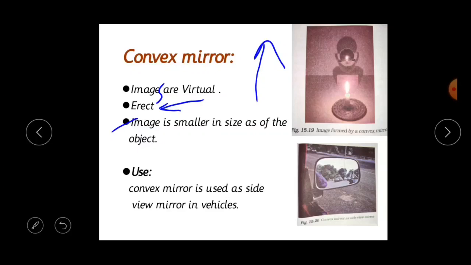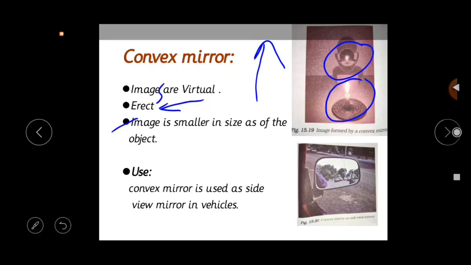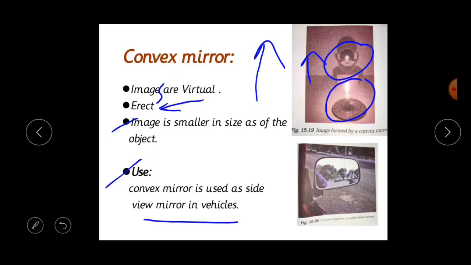Here you can see in this picture, this is the object, and the image formed in the mirror is smaller. Yes, it is smaller in size and it is erect. And it is virtual, means it is not forming on the screen. So this is a convex mirror. Next, where it is used: the convex mirror is used as the side view mirror in vehicles.